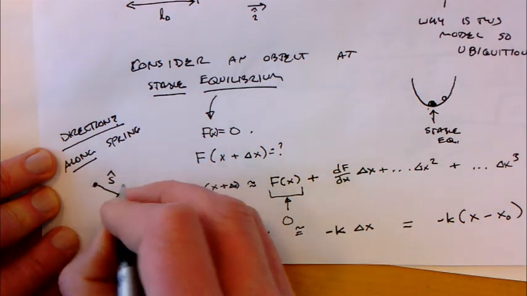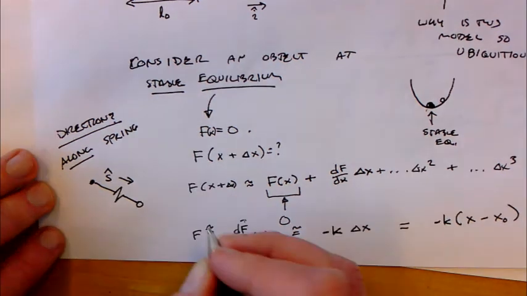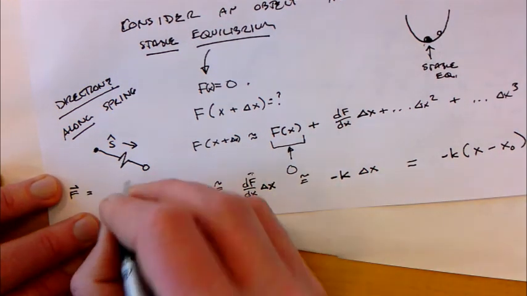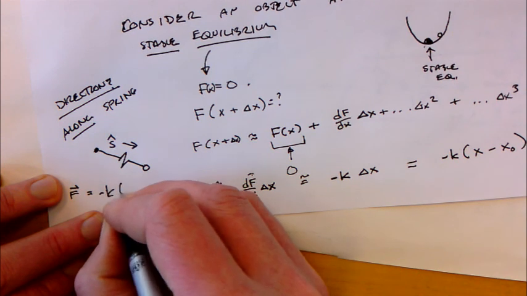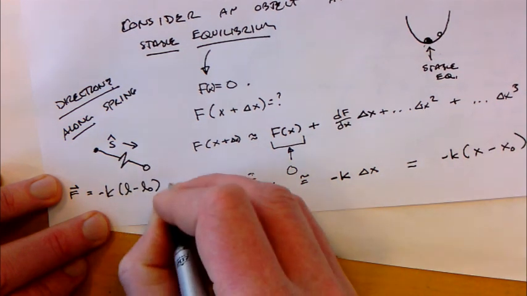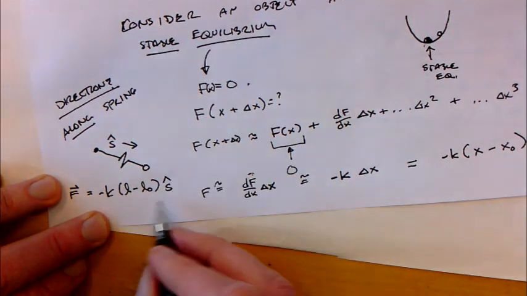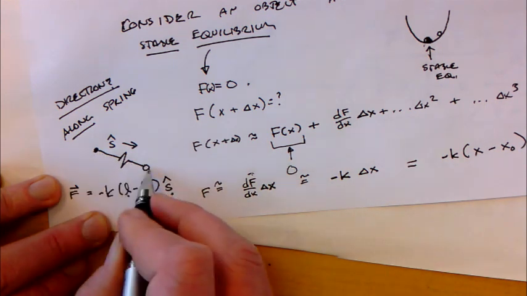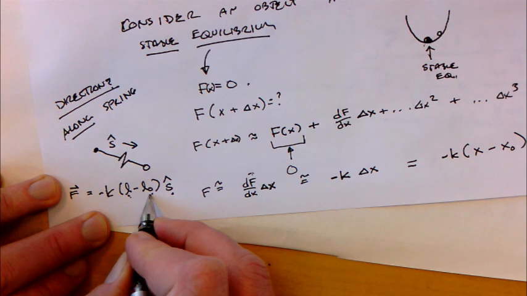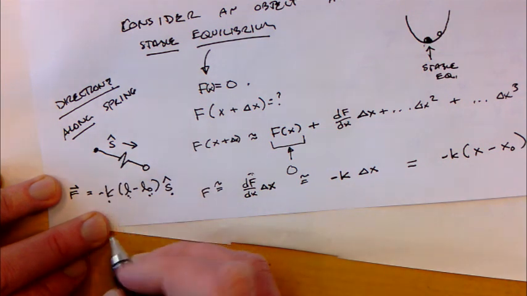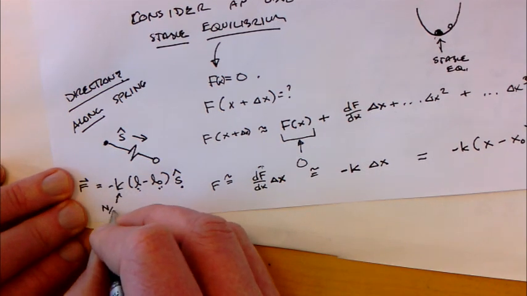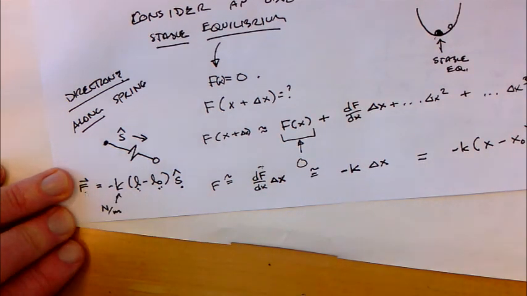I could define a vector s hat that's a unit vector along the spring, in which case the force would be minus k times L minus L naught times s hat. S hat tells me the orientation of the spring, L minus L naught tells me the length of the spring relative to the rest length of the spring, and k is the spring constant. Quick note on units here. K has units of newtons per meter because force has units of newtons.